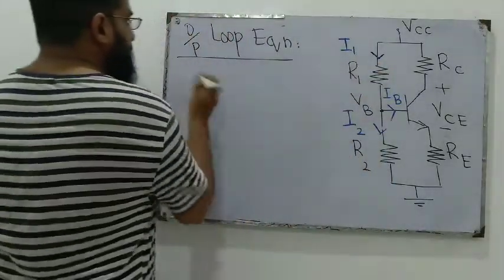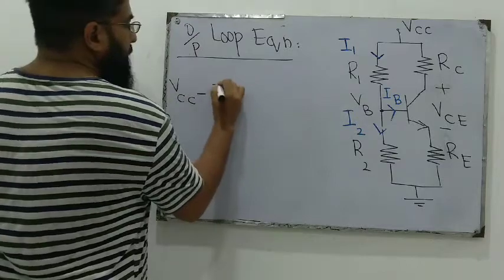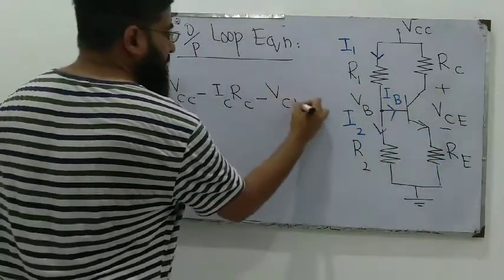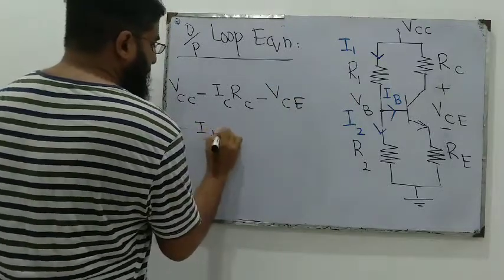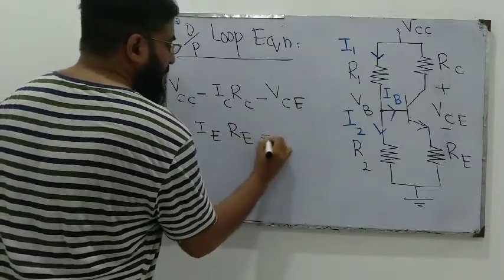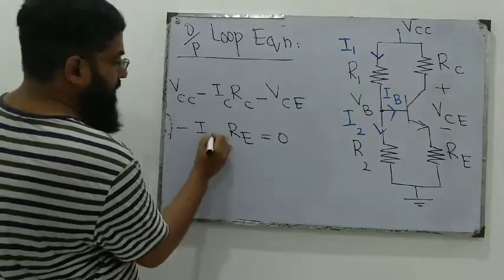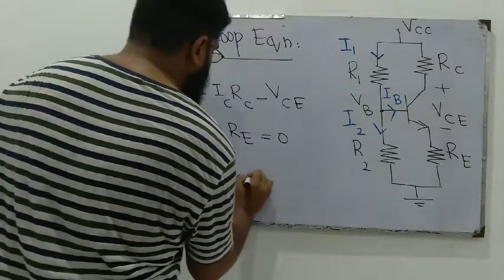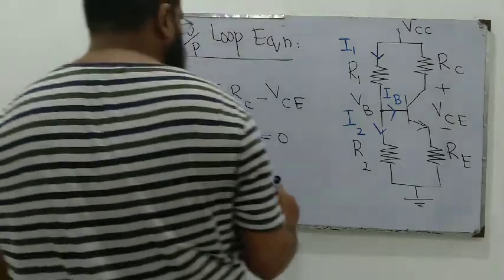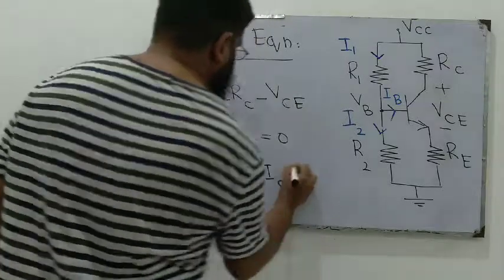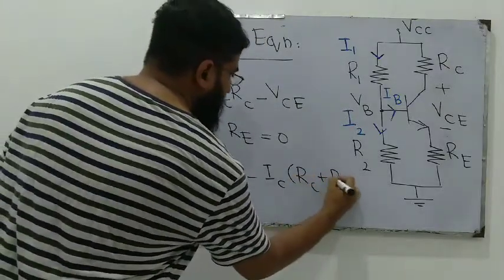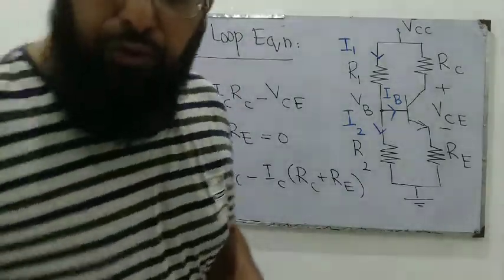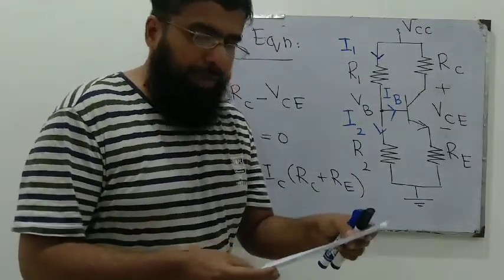VCC minus the voltage drop across RC minus the voltage drop across collector emitter minus IE RE. Since IE and IC are very close to each other, we can write it as IC, and then VCE can be written as VCC minus IC times RC plus RE.